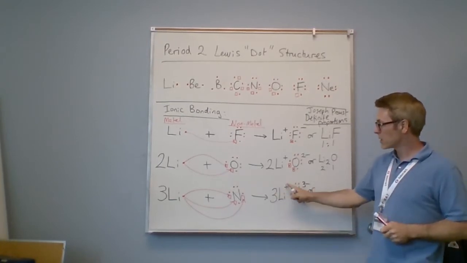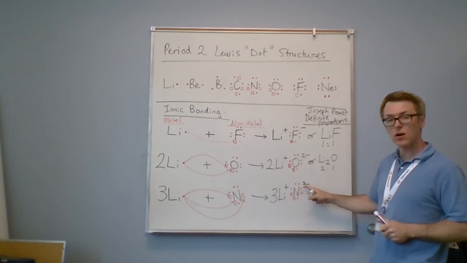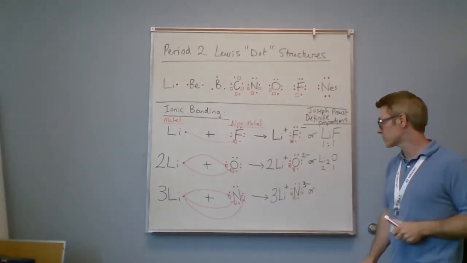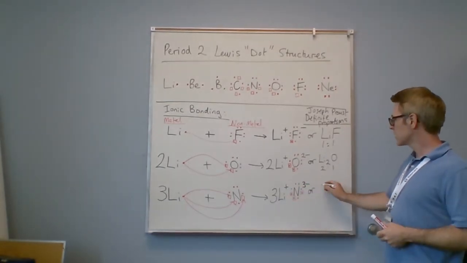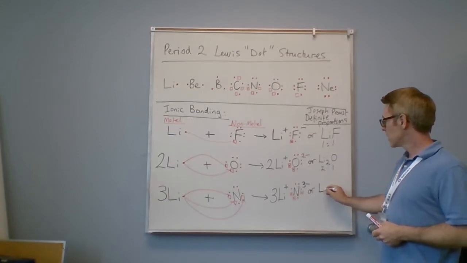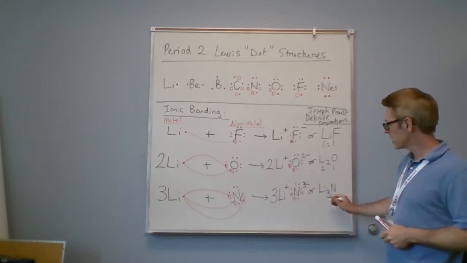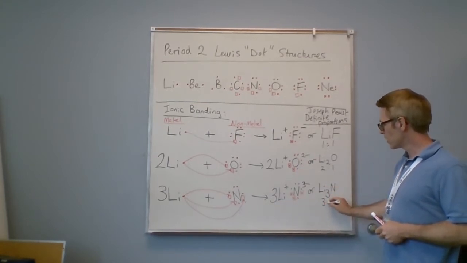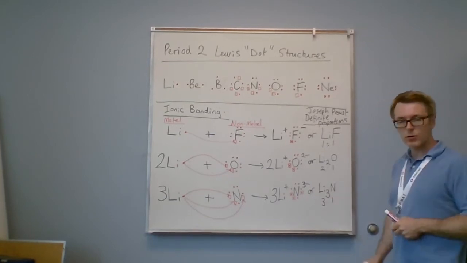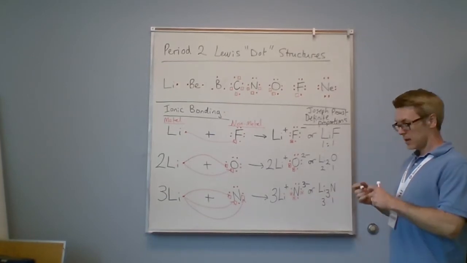So I have 3 positive charges and 3 negative charges. So again, an ionic compound is electrically neutral. A scientist would just write Li3N, where the coefficient 3 becomes a subscript 3, and we have a 3-to-1 Joseph-Proust definite proportion.